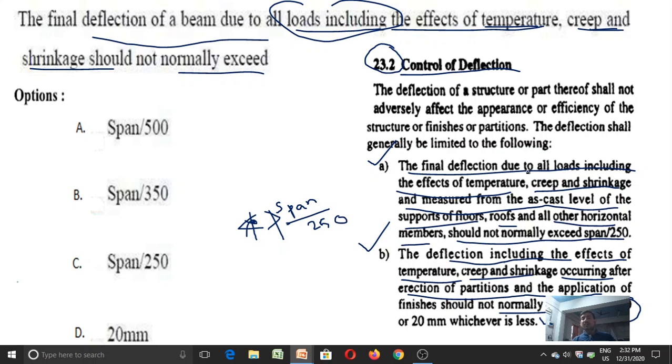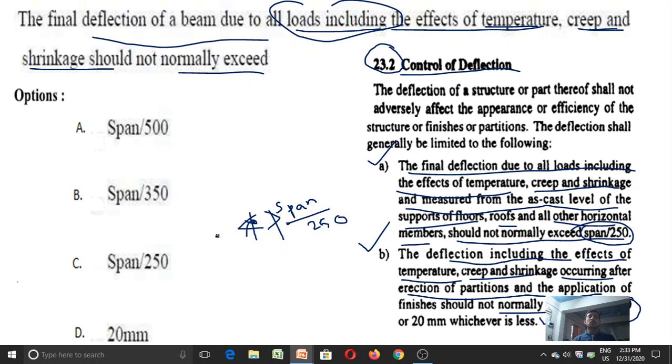The deflection should not normally exceed span by 250. So we will see the options here. Option A, span by 500. Option B, span by 350. Option C, span by 250. And option D is 20 mm. Here they are considering all loads including other effects like temperature, creep and shrinkage.